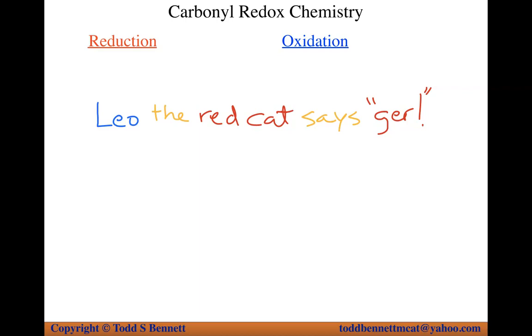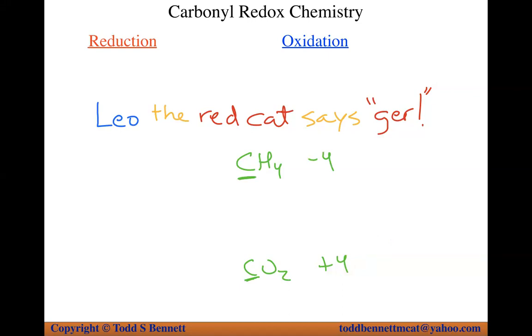I want to revisit something we did last lecture. We talked about the extremes for carbon, with an oxidation state of -4 for methane and +4 for the most oxidized form with oxygen. We talked about going two at a time, so we went to -2, 0, +2, and +4.